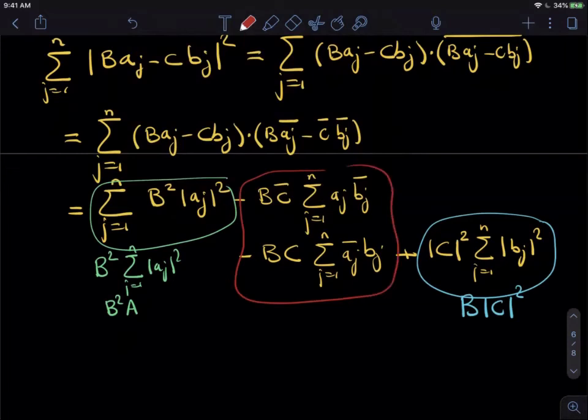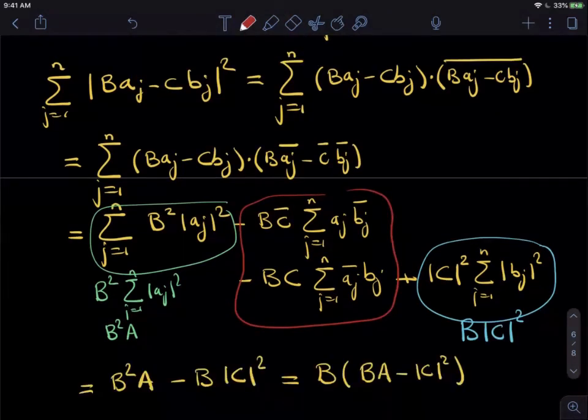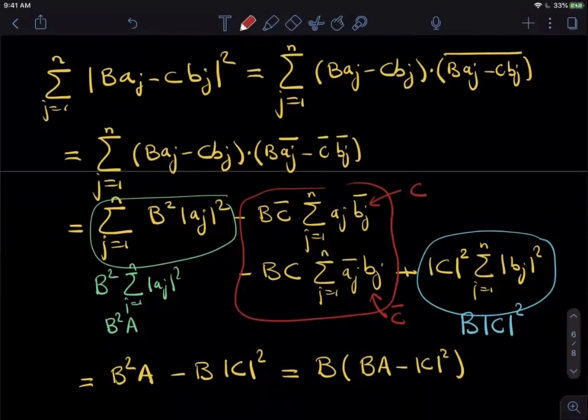So what can we do with this? Here we realize that this complicated sum is C, and the other one is C bar. So either way, we have minus B times the absolute value of C squared. This appears twice. Now notice that we have the same quantity minus 2 times B times C squared plus BC squared.